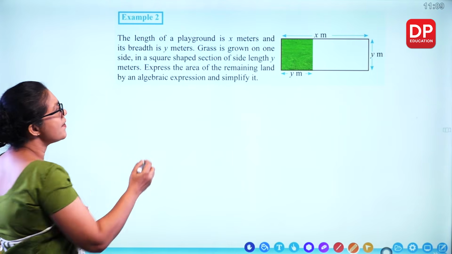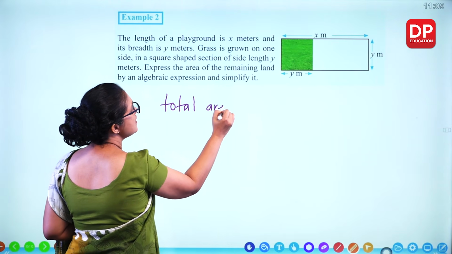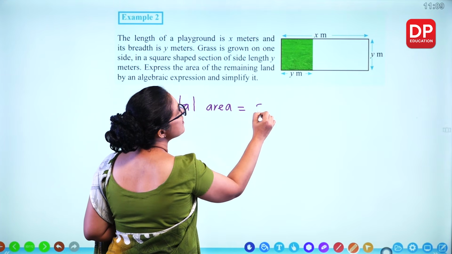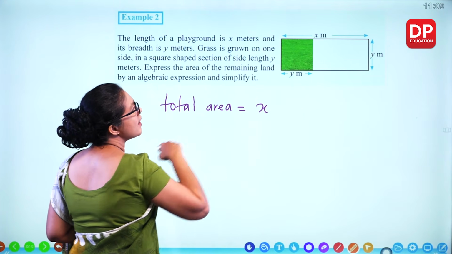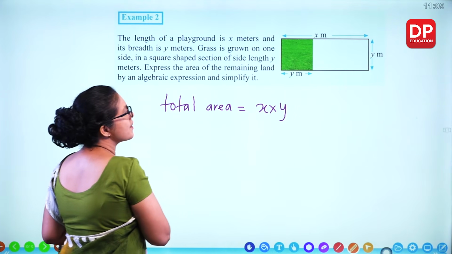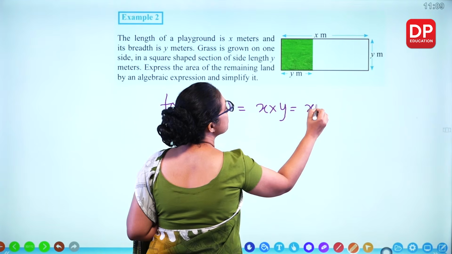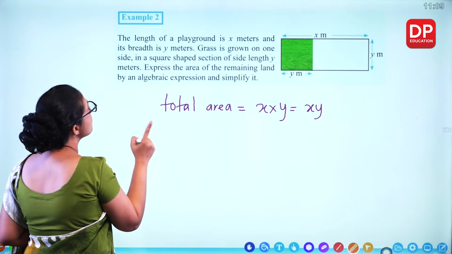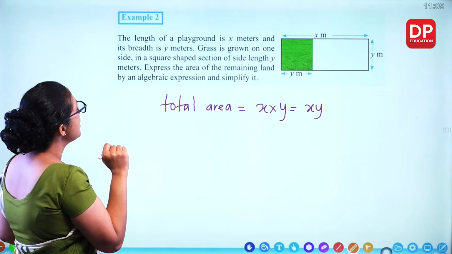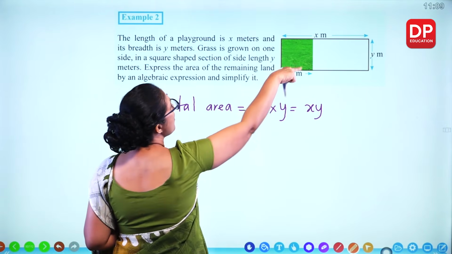What's the total area? Total area is length into breadth. X is the length and y is the breadth, xy. Then the shaded part, that's a square.